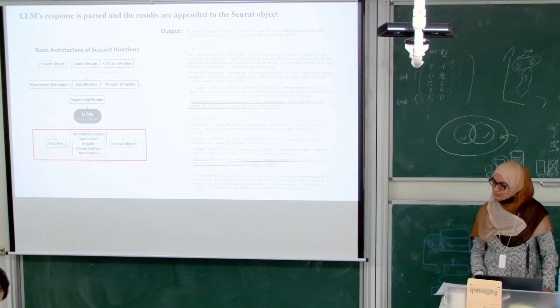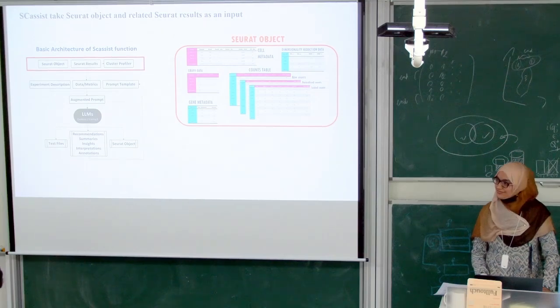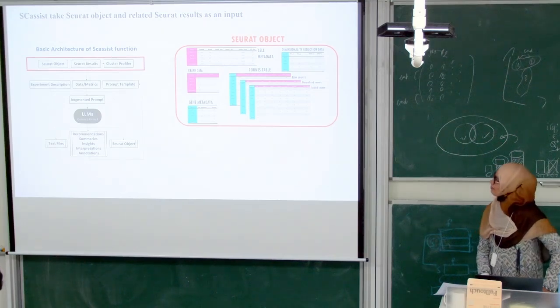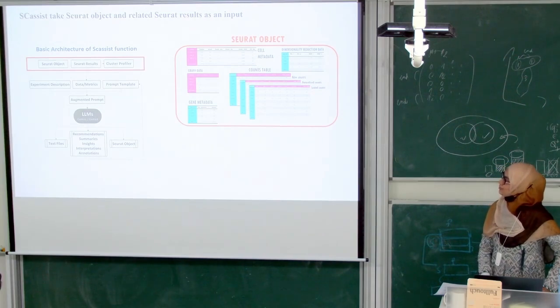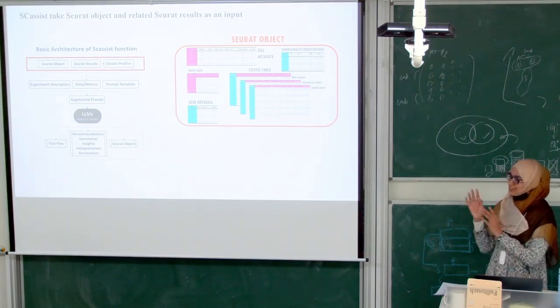But if you go to the Seurat object side, it seems to me everything is numbers, no? No, there can be any kind of data. It is just an example.